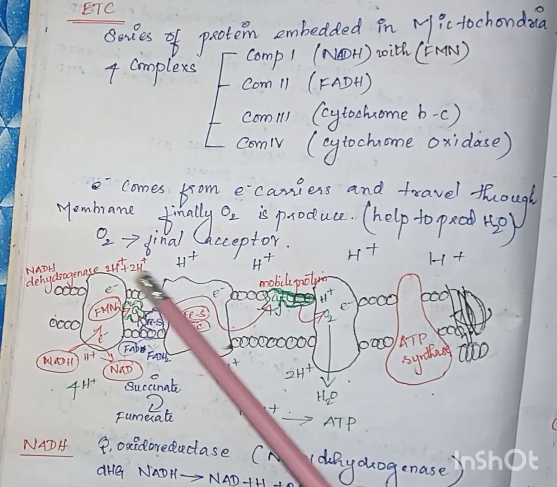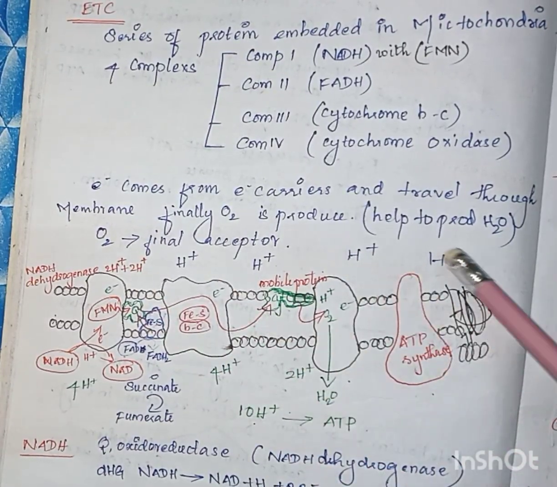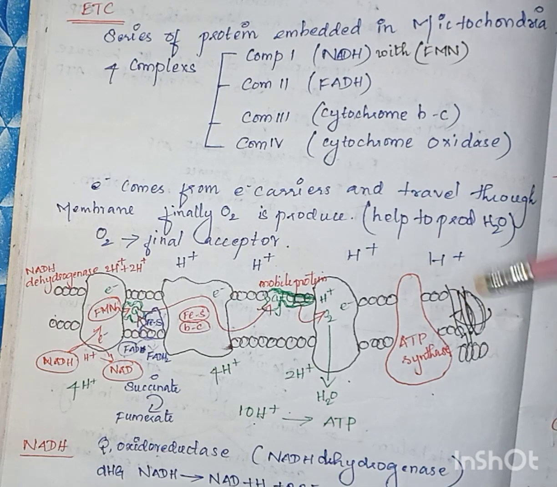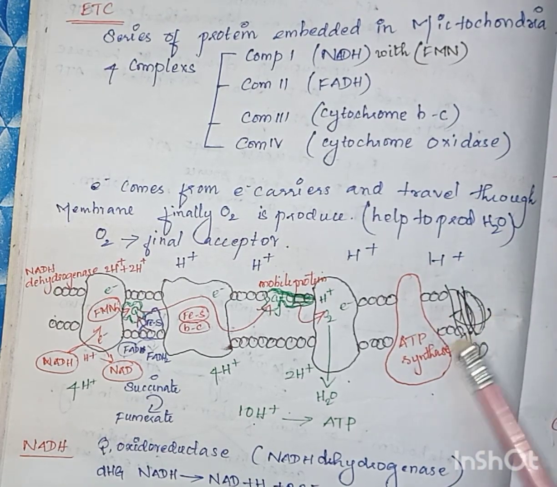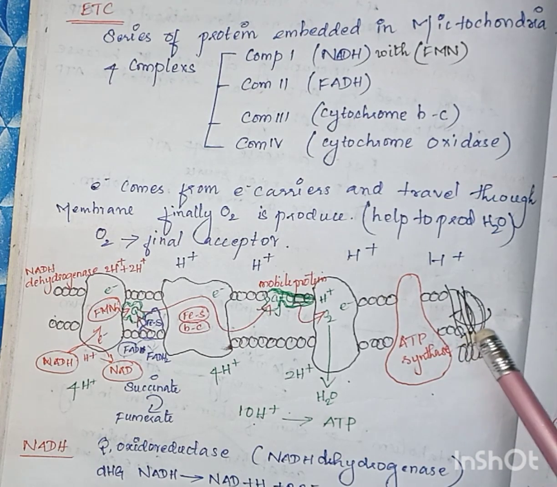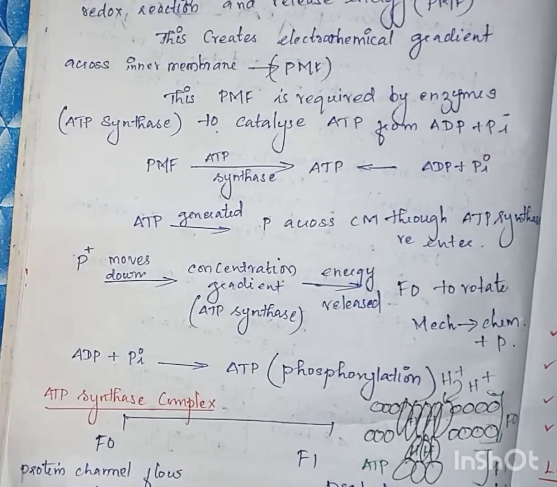When these H plus ions come inside through the ATP synthase, it produces certain force. Mechanical force is converted to chemical energy, and hence this will create ATP. Understood?